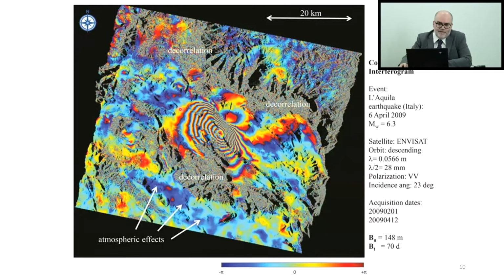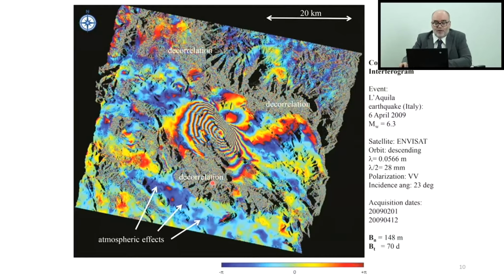We can observe fringes where we have a so-called coherence, so where we have certain characteristics that keep the variation of phase in time almost similar. So we have certain geometric and physical characteristics that are similar between the two images. But we have other areas where this similarity is not respected.